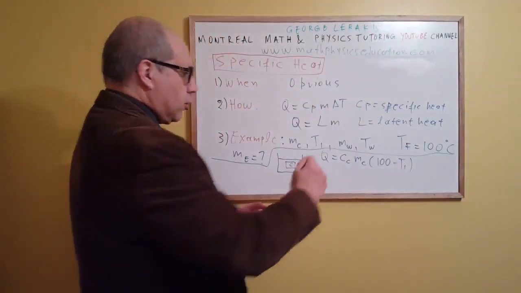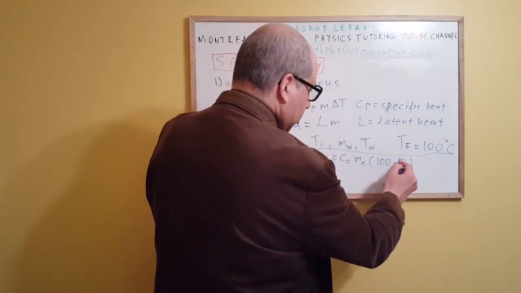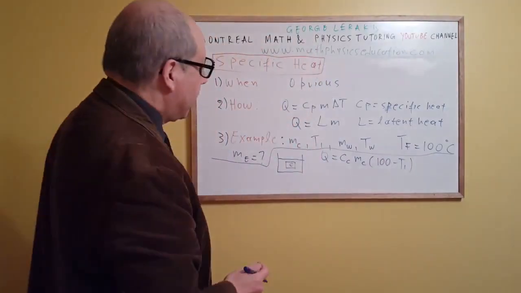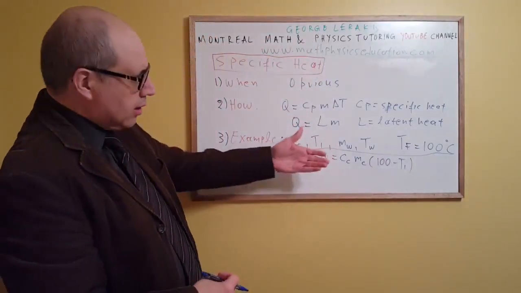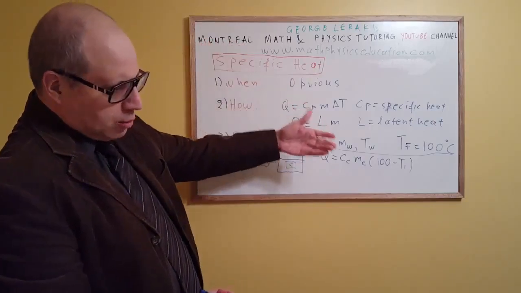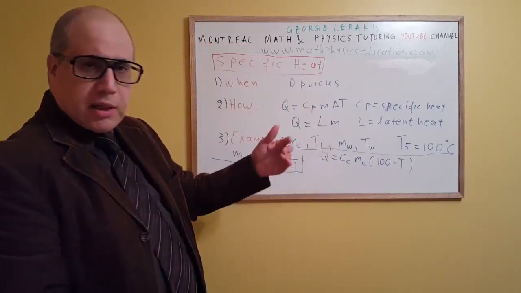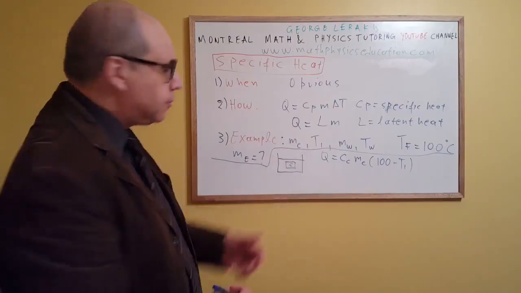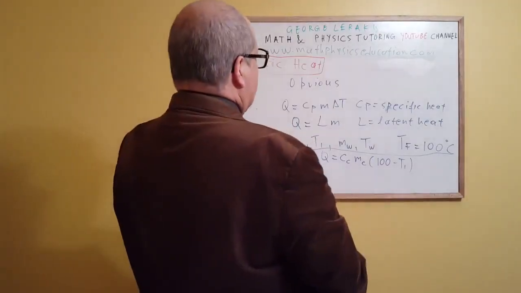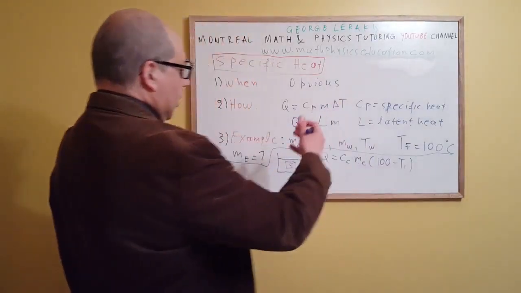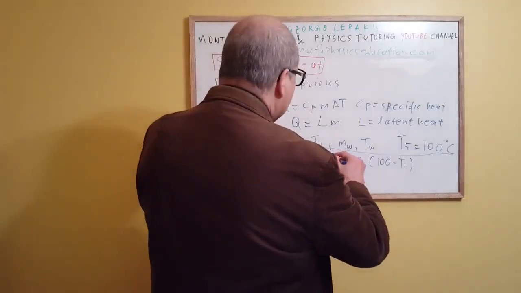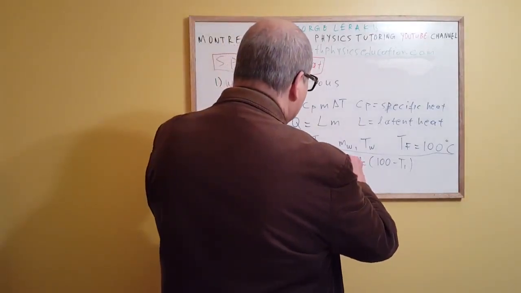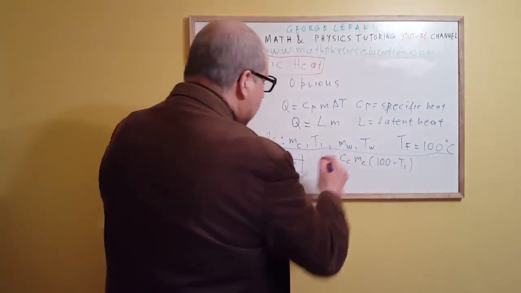Of course, this quantity will be negative because this is a negative number. That's why we can confirm that this is heat which is lost. So this is the Q that the copper will lose, let's say QL.